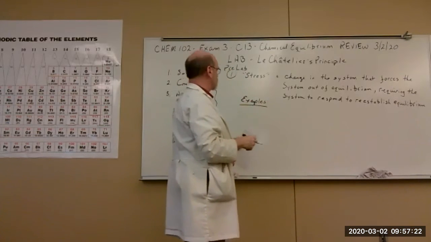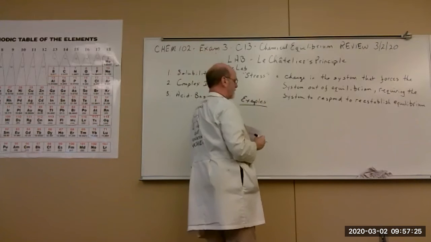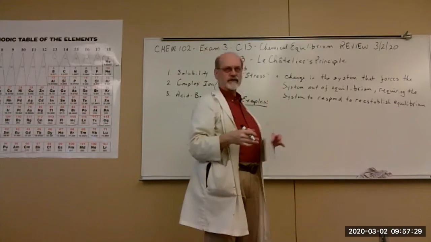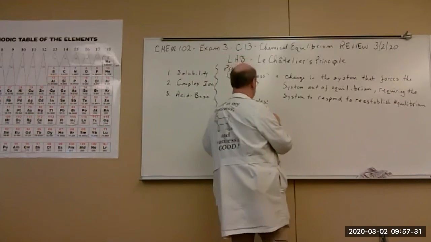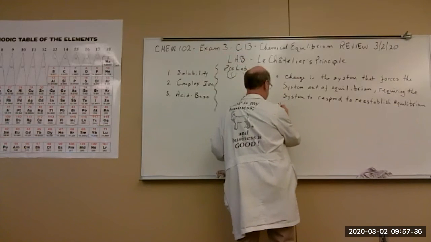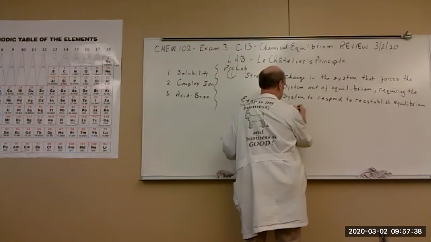Okay, what type of stress could we apply to a system? This is just in general terms. It doesn't have to be true of every equilibrium system. More of a product, I guess. Yeah, either more of a product or more of a reactant. Right, concentrations.